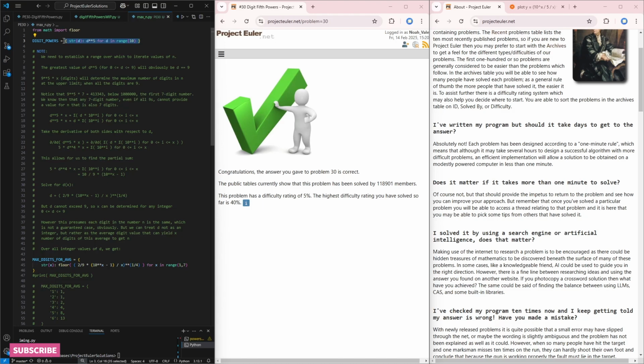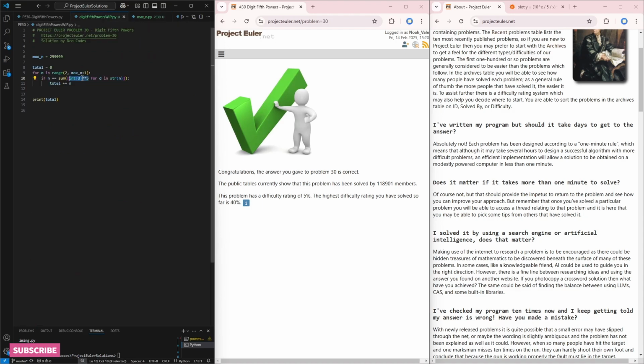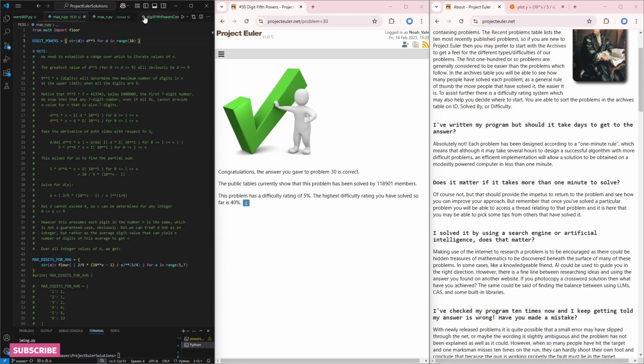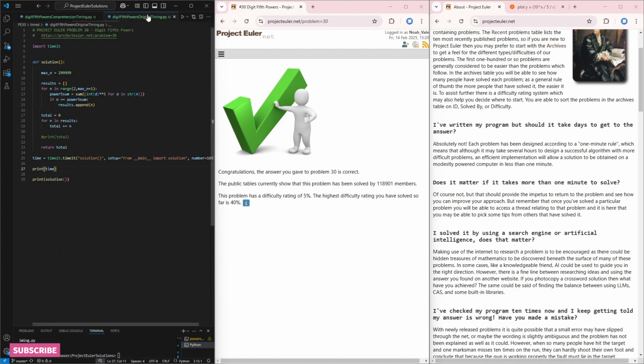I just make a dict of all the values, just a mapping from one digit to the fifth power of its value. That way it doesn't have to do it every time it gets a new digit for every friggin' number, right? And surprisingly, I don't think that saves as much time as you would think it does, which is actually funny. So there might be some caching that's going on that's sort of saving my butt there.